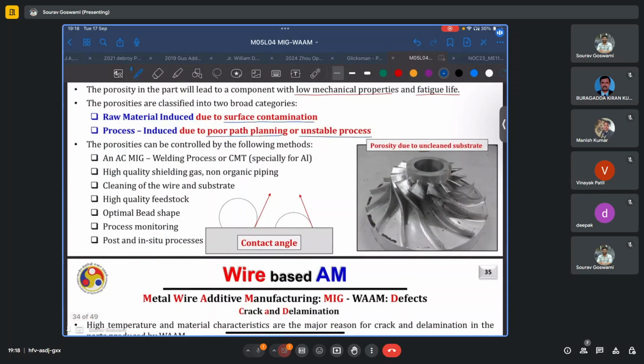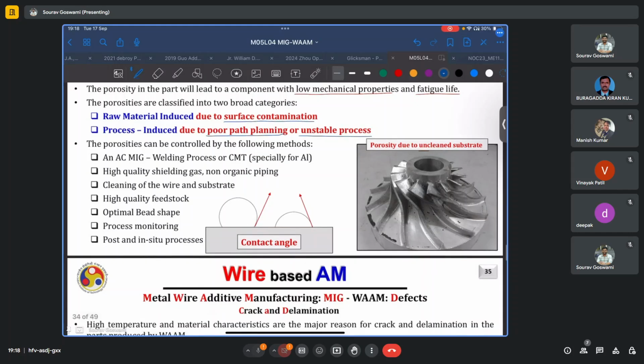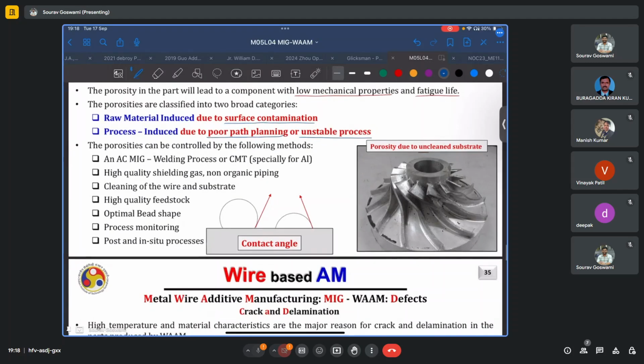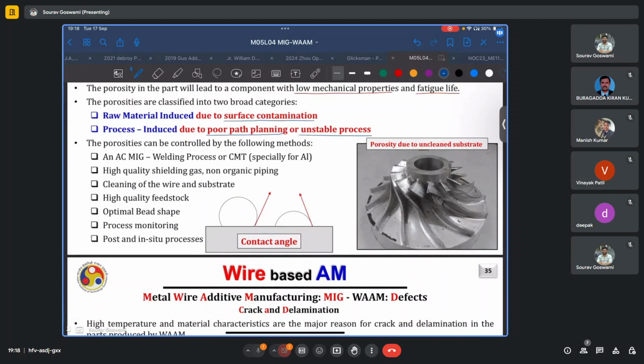The contact angle that your bead forms with the substrate also plays an important role. So typically, if this angle is measured from your deposited bead and it is greater than 90 degrees, we can expect that upon deposition of the next bead, say somewhere over here, there will be this region which forms a void because material is not able to reach there.